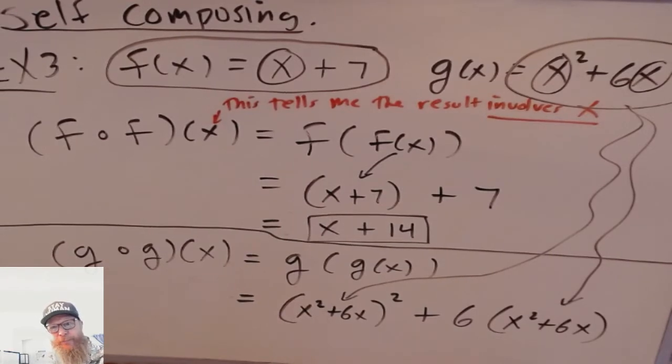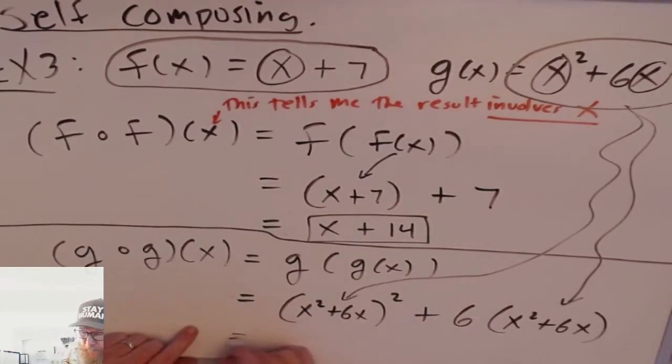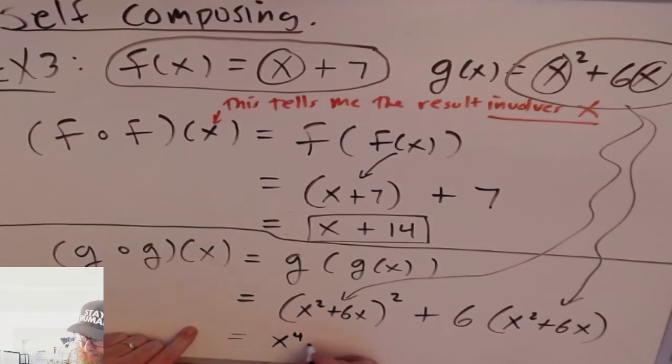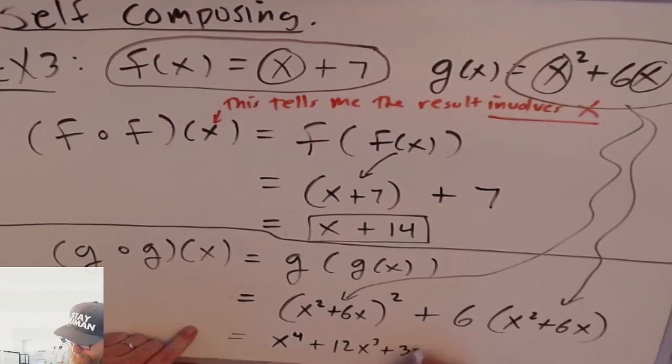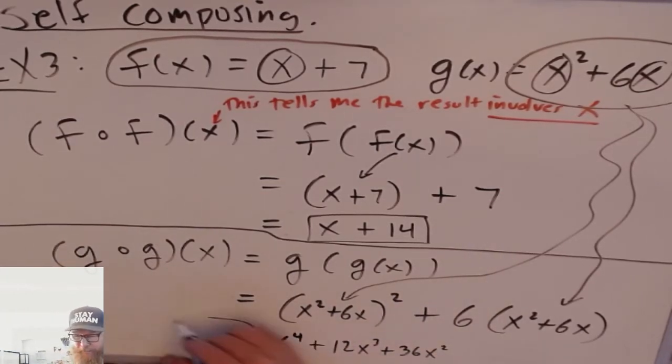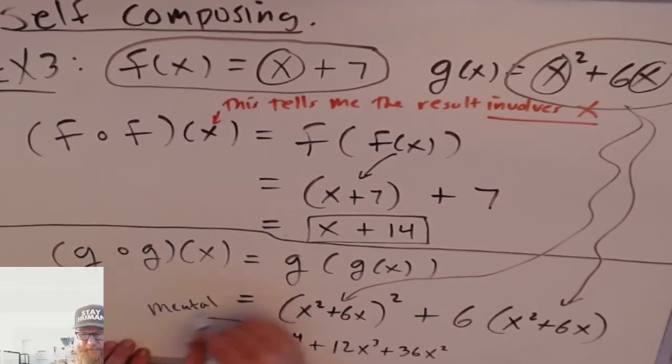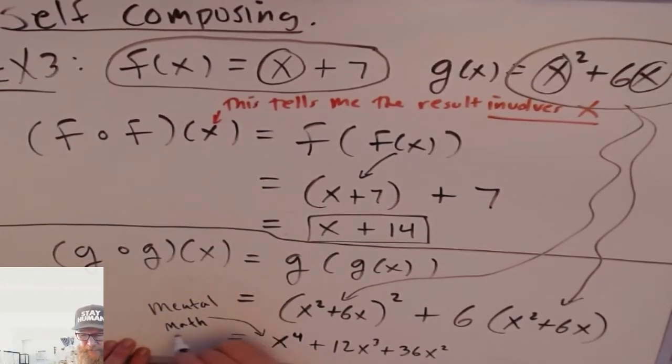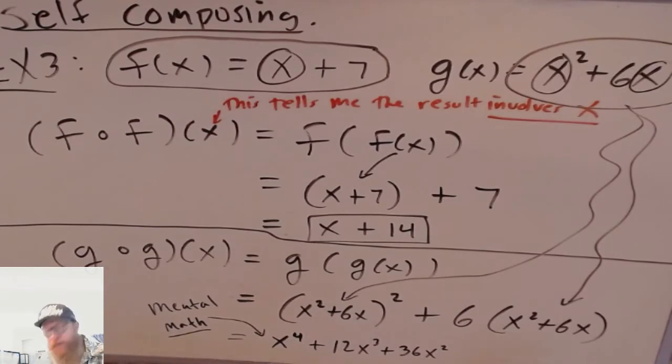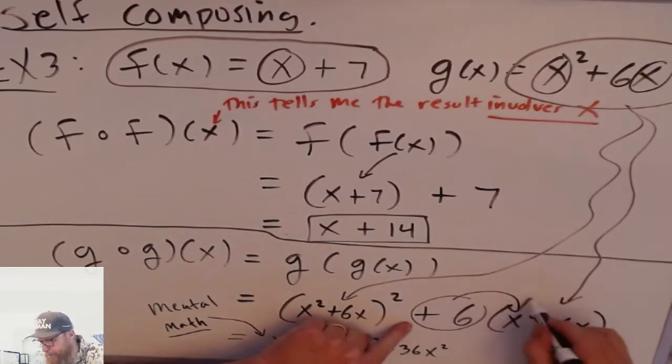Okay. Now again, if you can do this with mental math, that's excellent. Be very, very impressed if you can do this mentally. So this is what it would be with mental math. All right. Oh, and then don't forget the rest of it, plus 6.